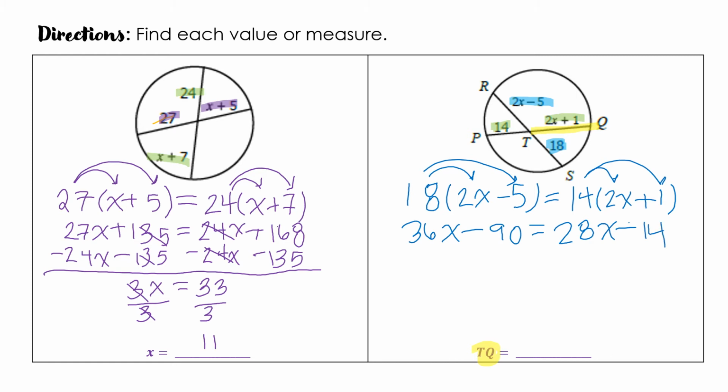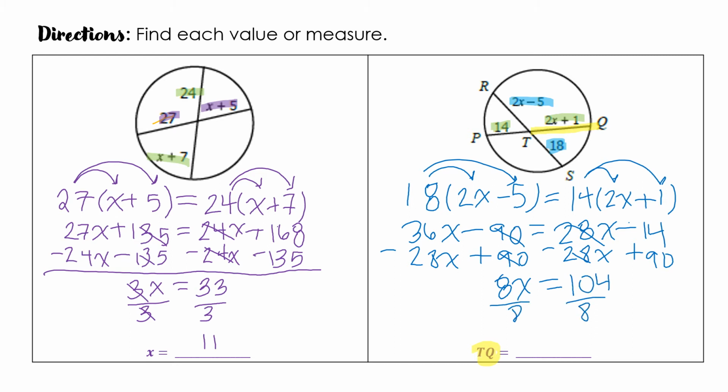So I'm going to move 28x to the left side by subtracting it, and move negative 90 to the right side by adding it. And that is going to give me 36 minus 28 is going to be 8x equals 14 plus 90 is going to be 104. Divide both sides by 8.